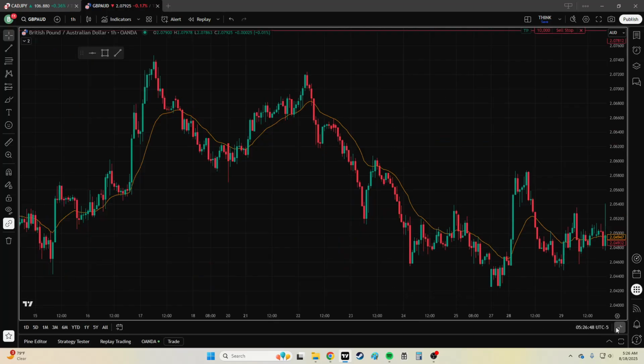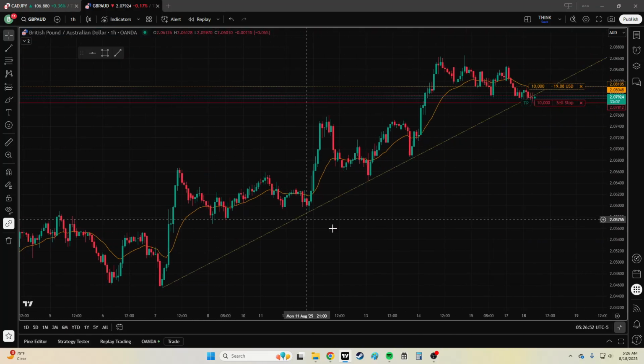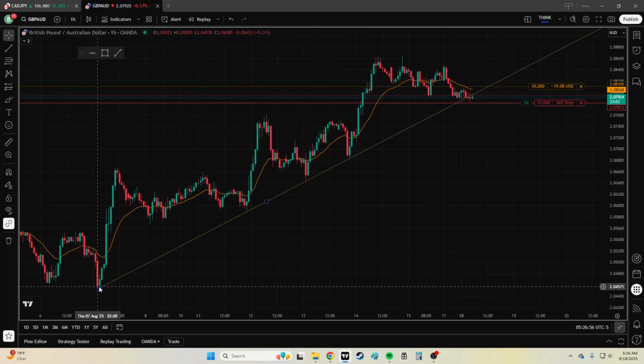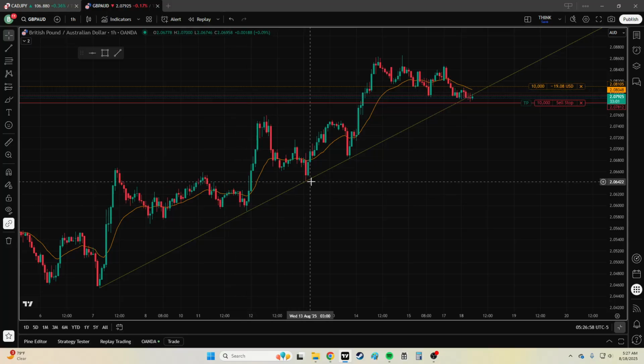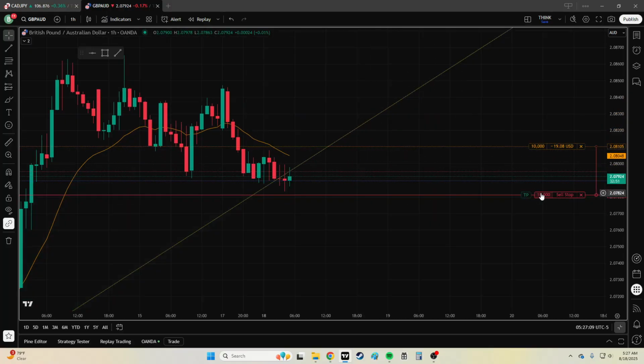We go to the 1. And we can see on the 1 that this is a really clean 4-line trend line that it just kind of ran through. What interests me about this is a couple of things. You can see I've got a stop order sitting here.